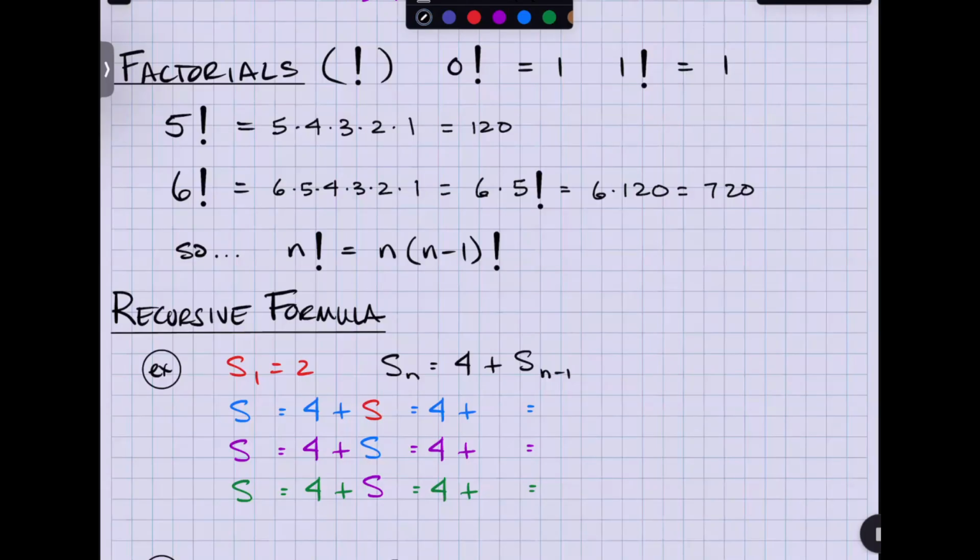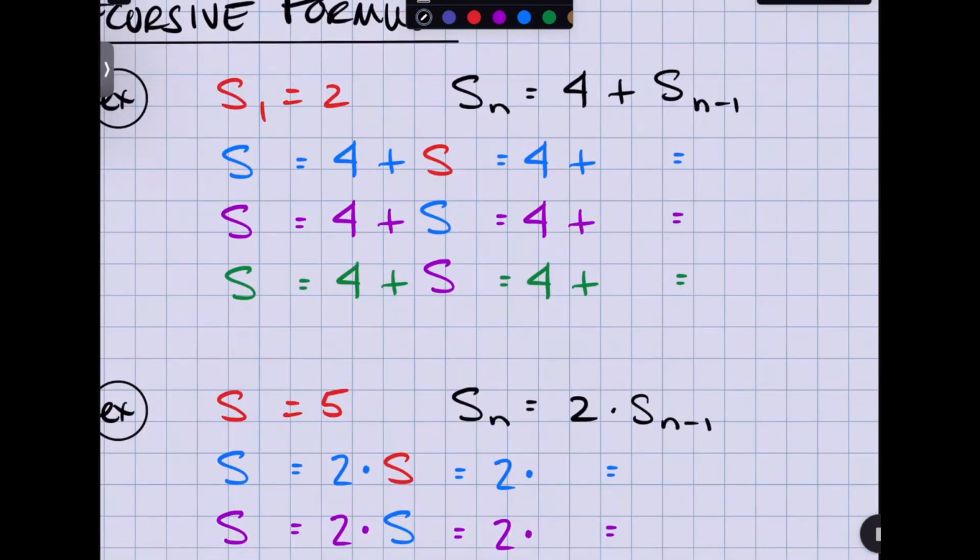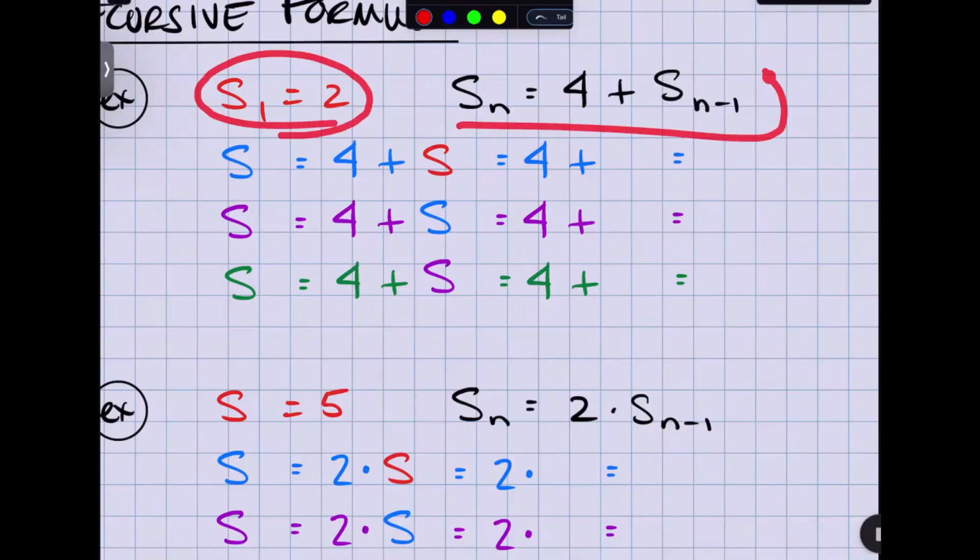I can't get to the 3rd term unless I have the 2nd term. I can't get to the 2nd term unless I have the 1st term, meaning that it has to give you two things. It has to give you what the value of the first term is and what the rule is for the next term, right? So here's the first term, and this is the rule.